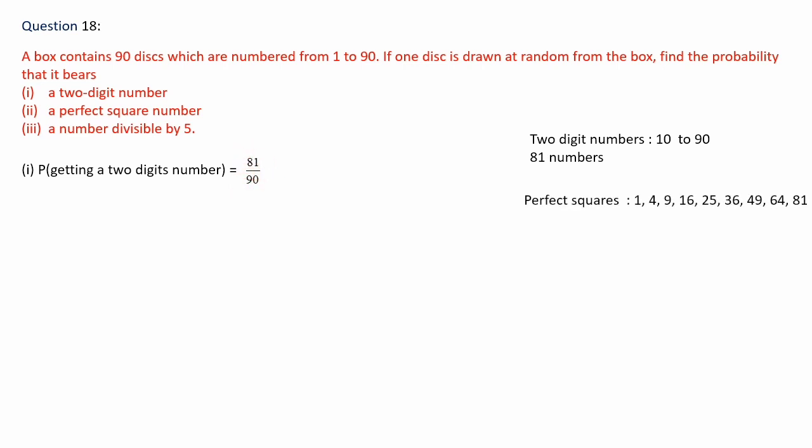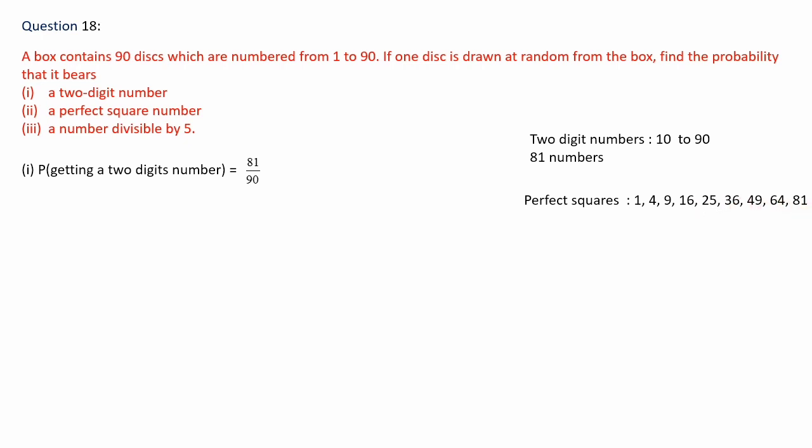Next one, perfect square numbers. Between 1 and 90, how many perfect square numbers are there? Perfect square numbers means a number multiplied by itself. So 1 is a perfect square, 4 is a perfect square, 9, 16, 25, 36, 49, 64, 81.